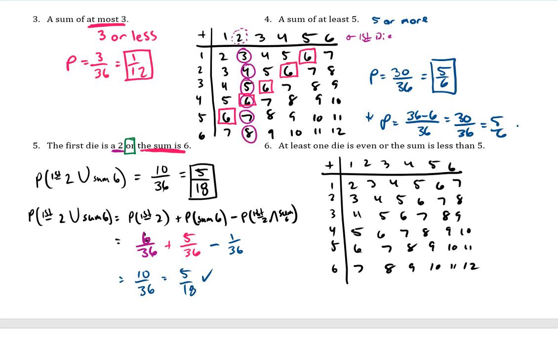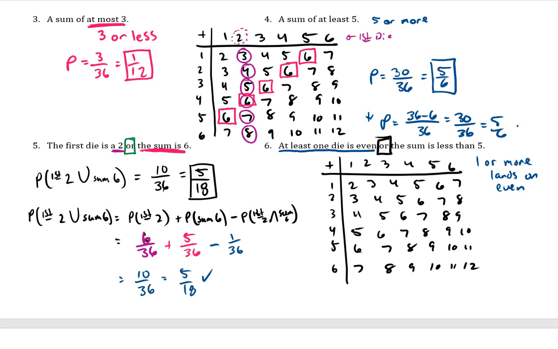So it says at least one die is even, or, I'm going to go ahead and box the or, the sum is less than 5. Okay, so let's break down this first part. At least one die is even. That means one or more of the dice can land on even.